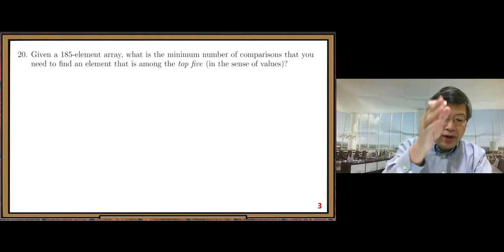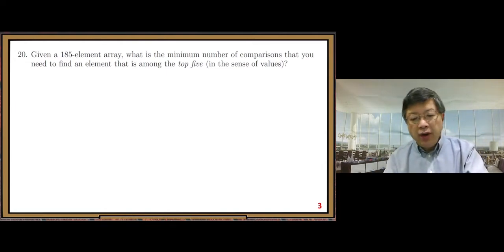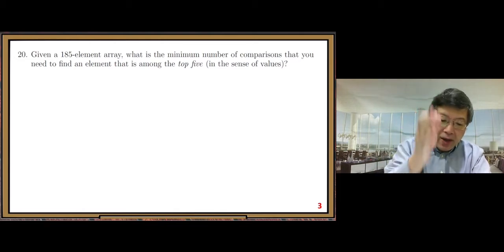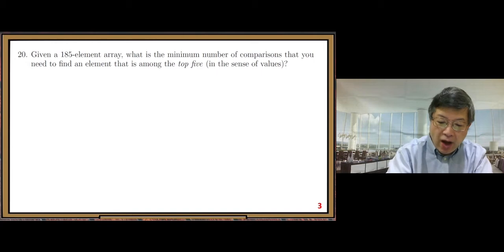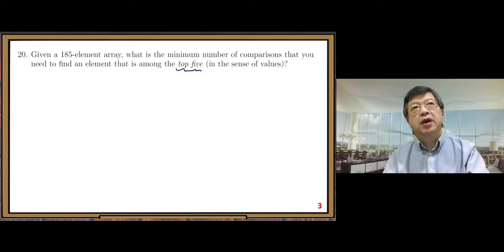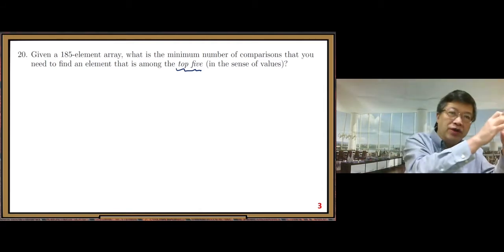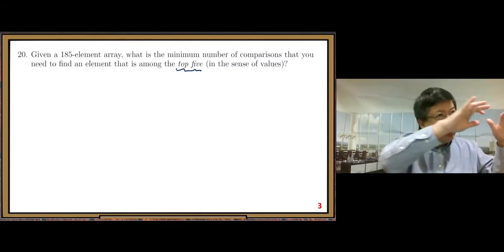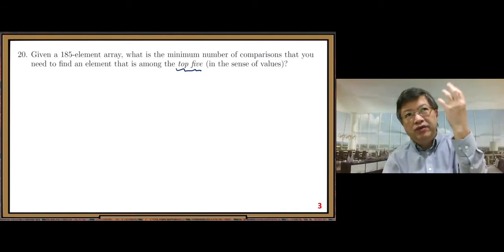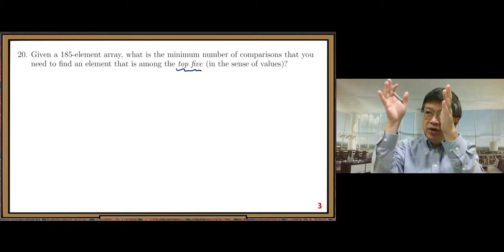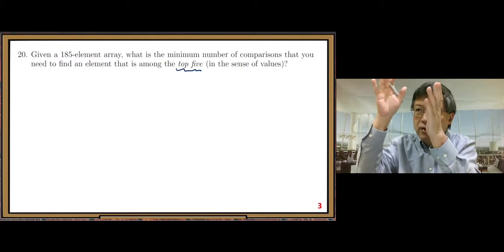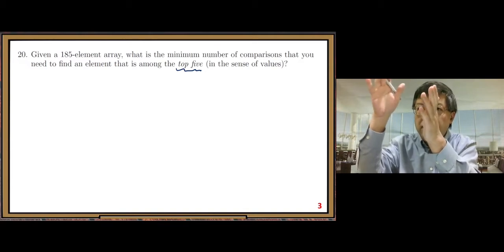Given a 185 element array, what is the minimum number of comparisons that we need to find an element that is among the top 5 in the sense of values? If we sort this array in increasing order based on the values, then we want to find one of the elements among the highest top 5 values.